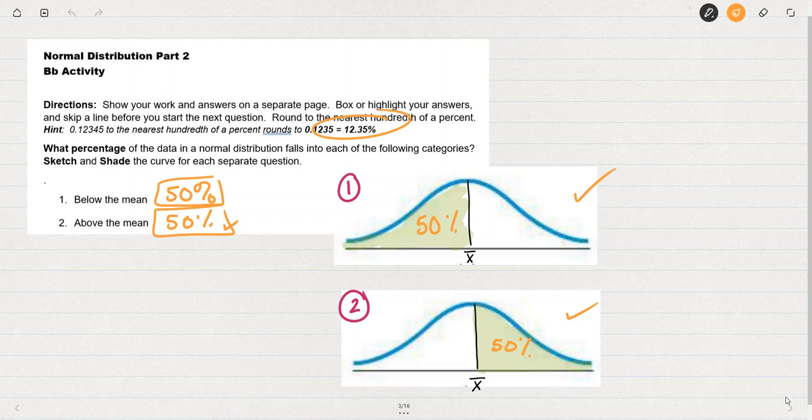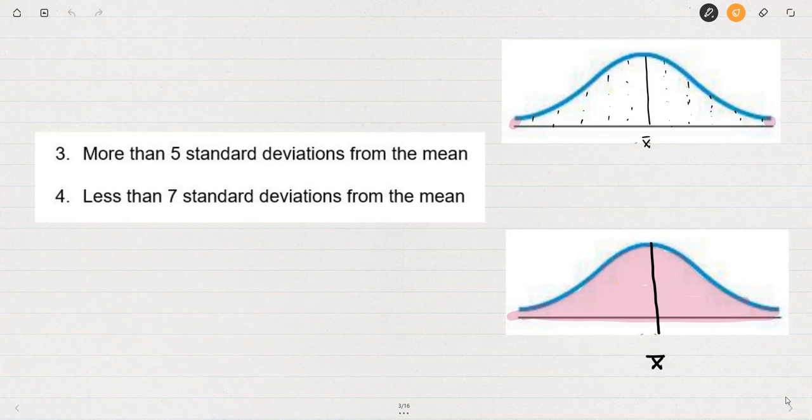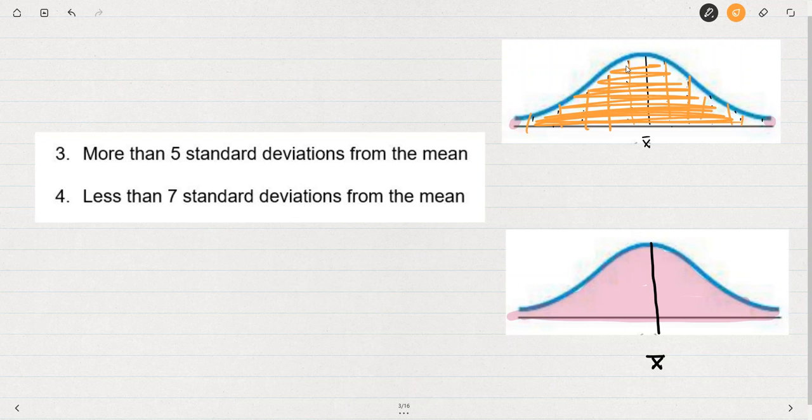There's no rounding needed. Number 3 and 4 are questioning whether you understand what a normal distribution means. So here we have 1 standard deviation away, 2 standard deviations away, 3, 4, and 5 standard deviations would cover this much area. And what number 3 is asking us is what percent of the data is more than 5 standard deviations from the mean.